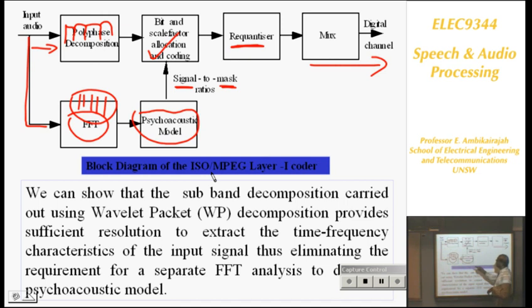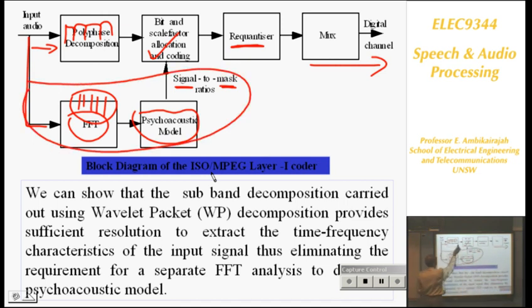So really this path is not required if you can calculate the masking threshold here. But because of their equal bandwidth, you can't do it there. You must have this channel to provide that.